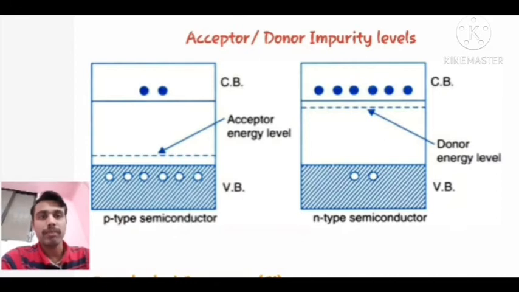A p-type semiconductor has a large number of holes, seen in the valence band, and the minority charge carriers, electrons, can be seen in the conduction band, as in the first diagram.